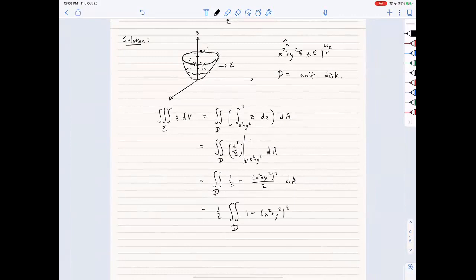Okay, so now do I have a type 2 or a type 1 region for my domain D? Someone said both are right. Should I use type 1, type 2? Should I do something completely different? Any suggestions?